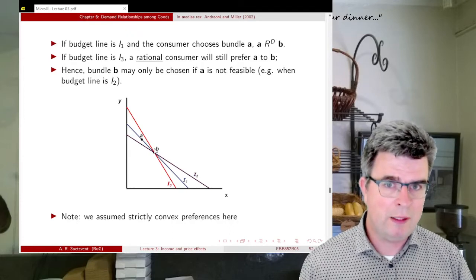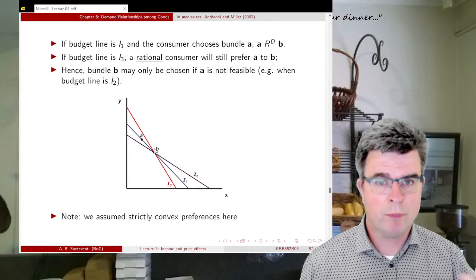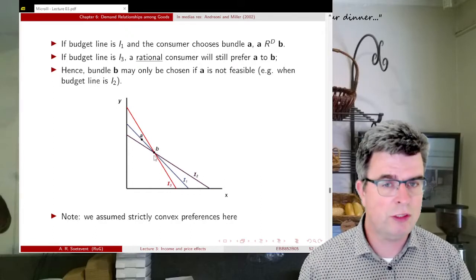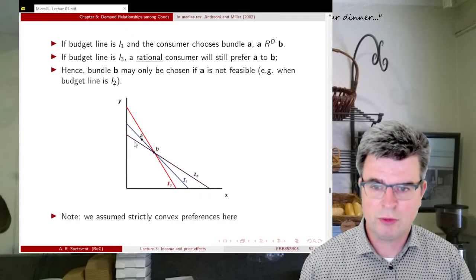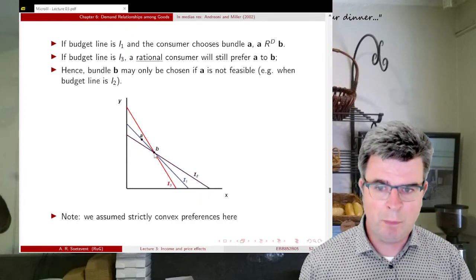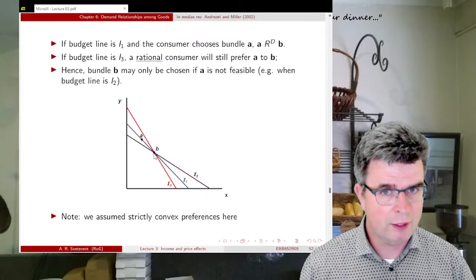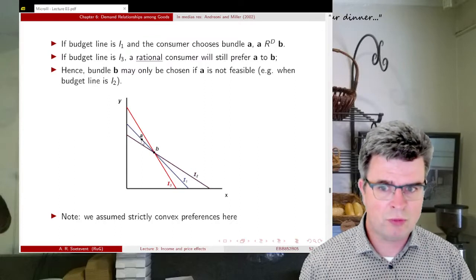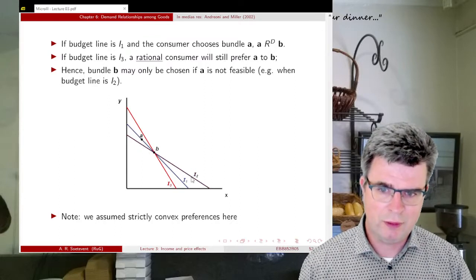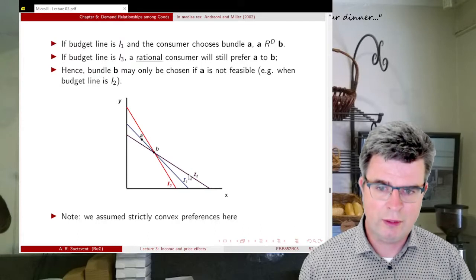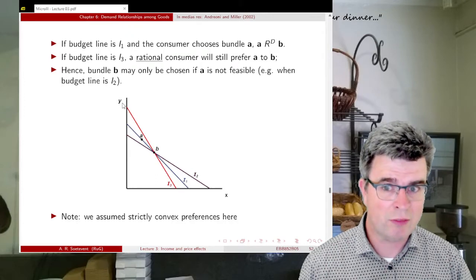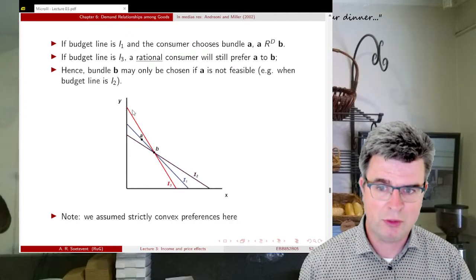However, it may be that there are some instances where we will observe that the consumer chooses bundle B. And those are the cases where bundle A is not feasible. So suppose that the budget line of the consumer is I2, then bundle B is feasible to buy. It is on his budget line, but bundle A is not feasible because the slope of this budget line is not that steep, meaning that good Y is relatively more expensive than when the budget line is equal to the red line over here.